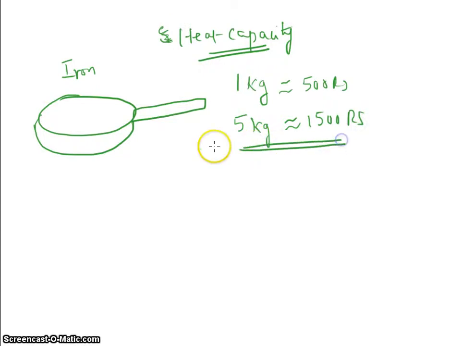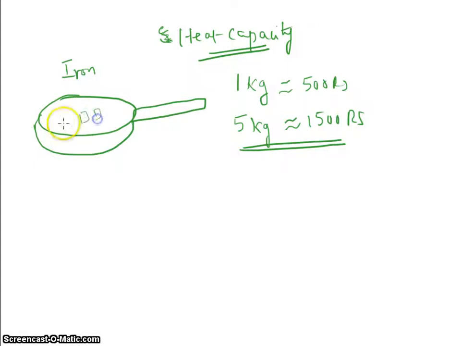And your mom has asked you to buy this vessel to cook, to do heavy duty cooking, maybe meat, or maybe tapioca or whatever, which requires a lot of heat.